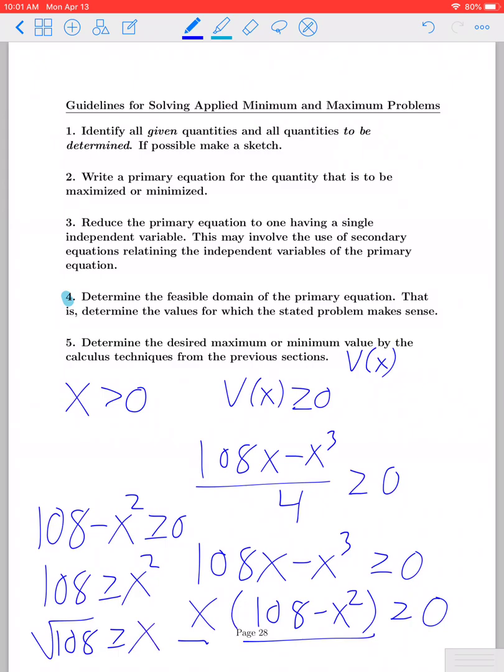So when we talk about what the feasible domain would be, 0 would have to be less than x, which would actually technically have to be less than the square root of 108.